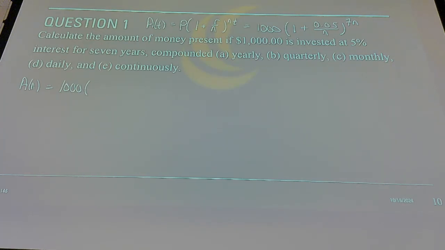I might actually simplify that. Right as a single denominator. Raised to 7n. That's the function we're working with.